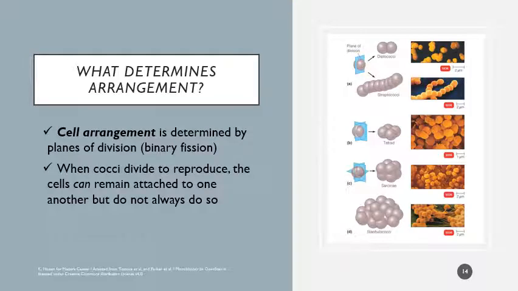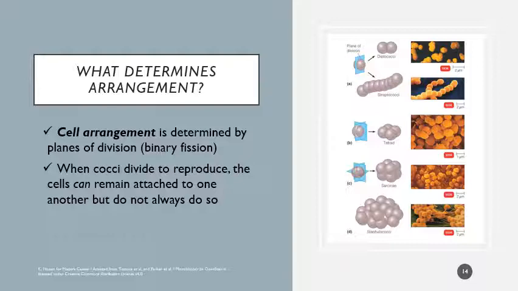When cocci divide to reproduce, and when bacilli do as well, some of those cells can remain attached to each other. They don't always, but if you have this single plane, like this sample A, you might get diplococci or streptococci. If you have these two planes that are kind of perpendicular to one another, you might get a tetrad.